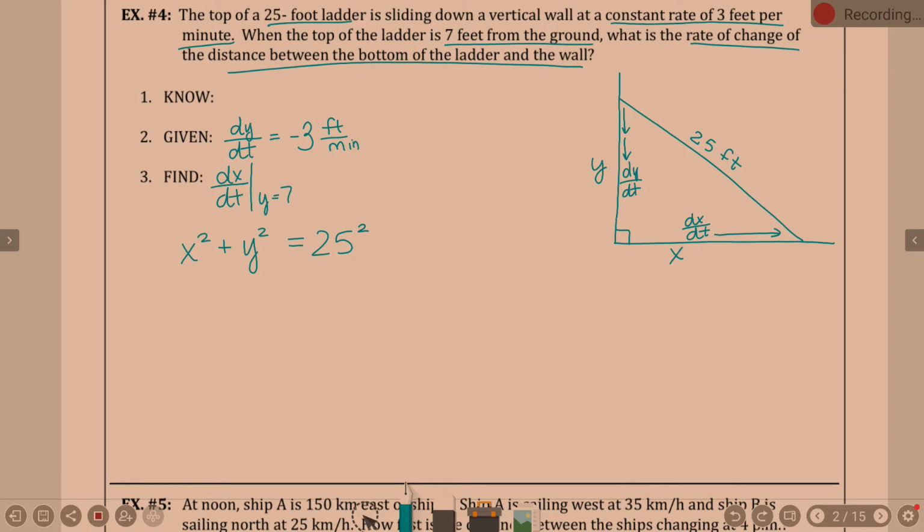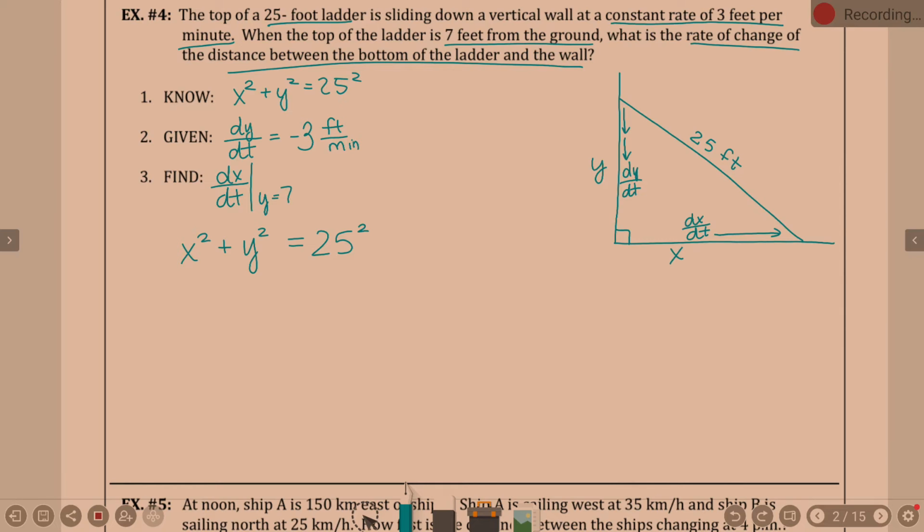Okay, let's differentiate. Put that in the "no" part. My brain was like, okay, I'm writing down my equation, I'm ready to differentiate. That's where my brain was going with this.